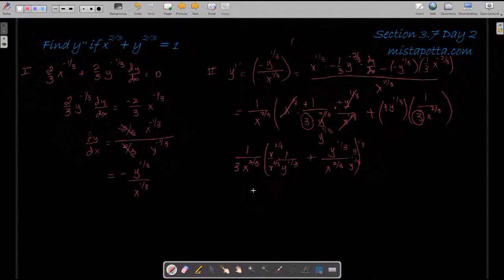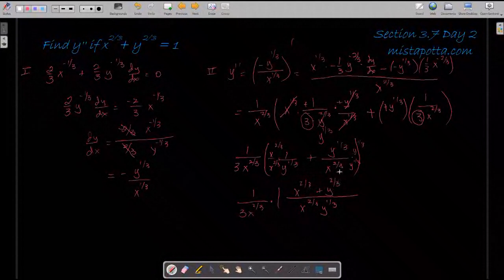So I'm going to have 1 over 3x to the 2/3 times, and over here with this common denominator of x to the 2/3, y to the 1/3, I'm going to have x to the 2/3 plus y to the 1/3 plus 1/3 makes 2/3.